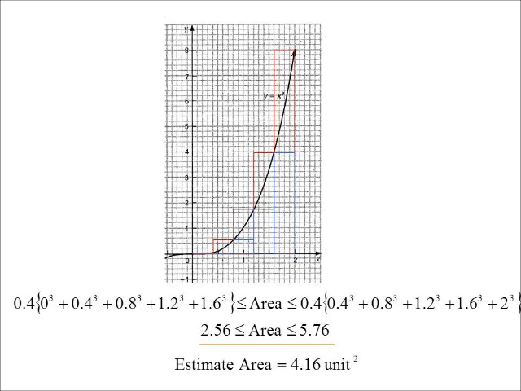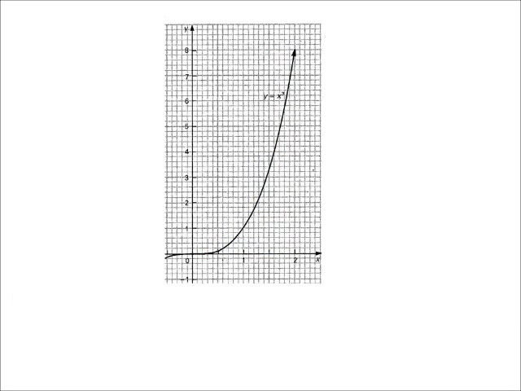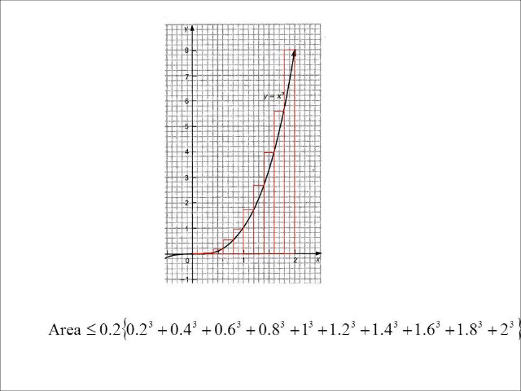So that was with 5 rectangles. What about if I did it with 10 rectangles? There we go. There's the 10th one. So the width would now be 0.2. And the first one, 0.2 cubed, 0.4 cubed, and so on and so on. That actually turns out to be 4.84.